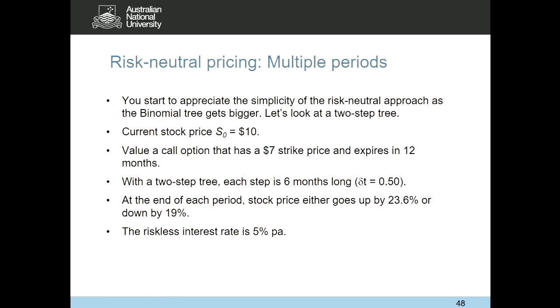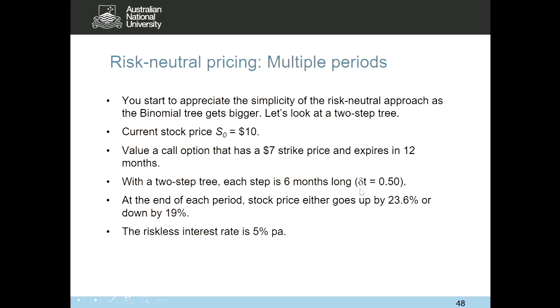Okay? So again, the current share price is still $10, and we're going to value a European call option that has a strike price of 7 and expires in 12 months' time. But this time, we're going to set up two steps instead of one step. Basically, we're splitting this 12 months into two 6-month periods, right?